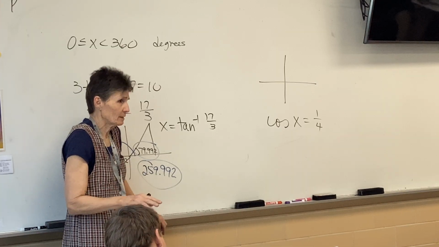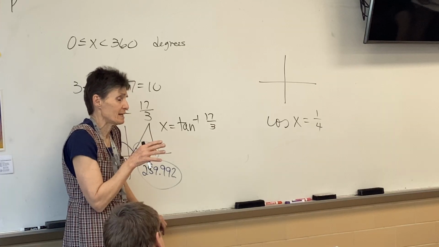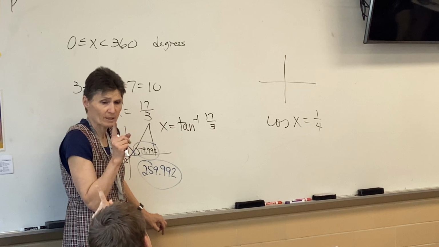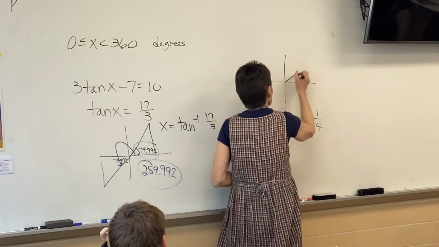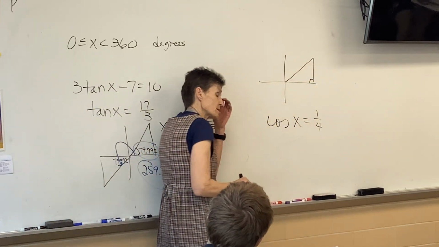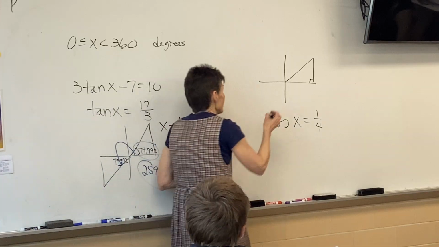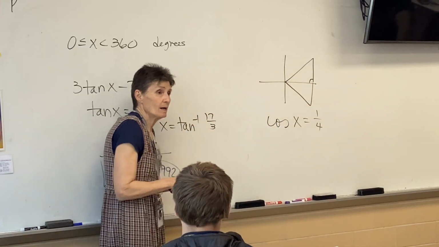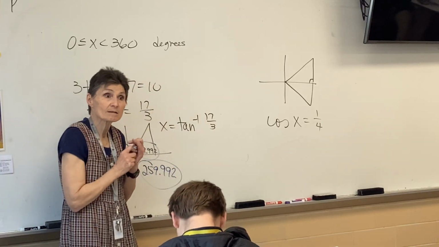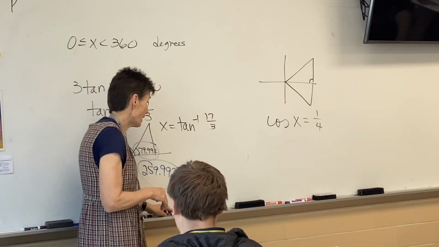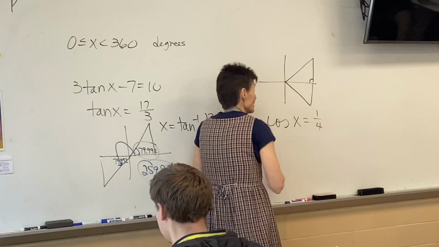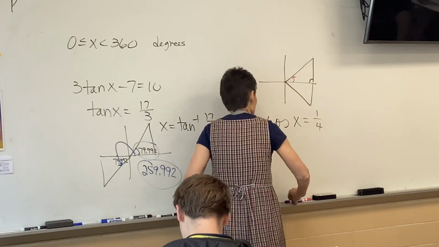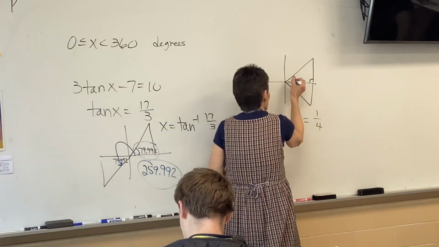Before I go to the calculator, I want to know where I'm going to be. Where is the cosine going to be a positive fraction? Certainly quadrant 1. Where else? Quadrant 4. Why is cosine positive in 4? Because cosine is x, and x is positive there. So my answer is going to be this red angle and this purple angle.